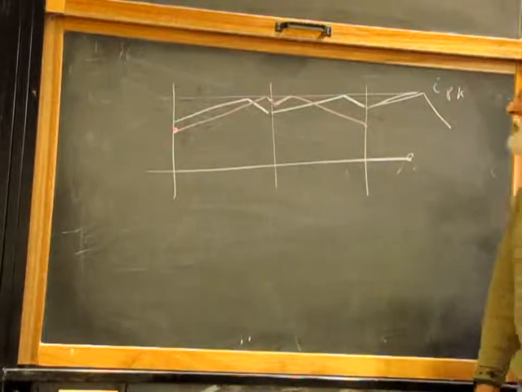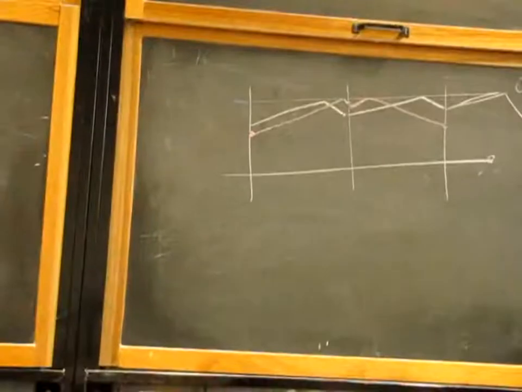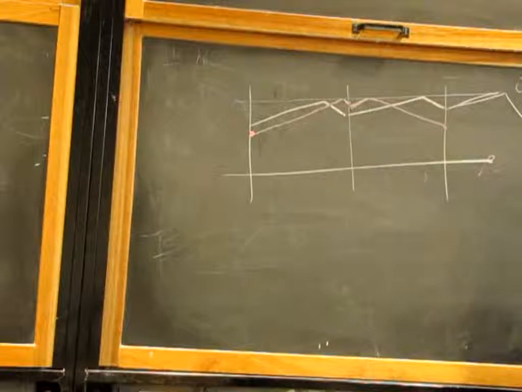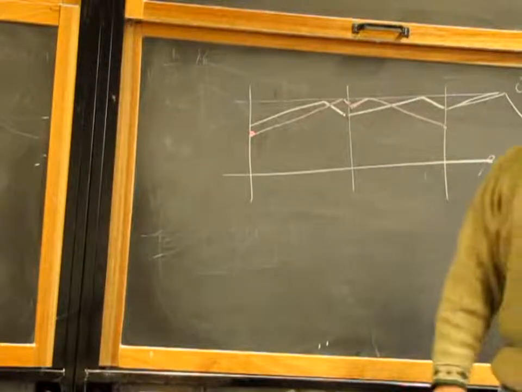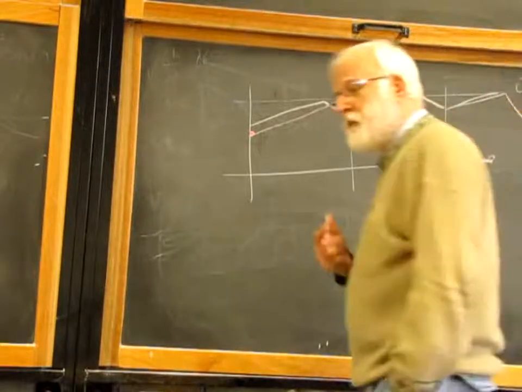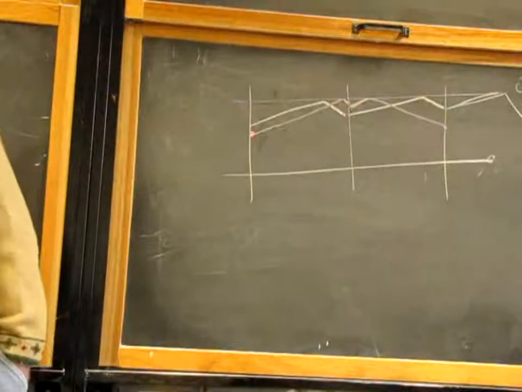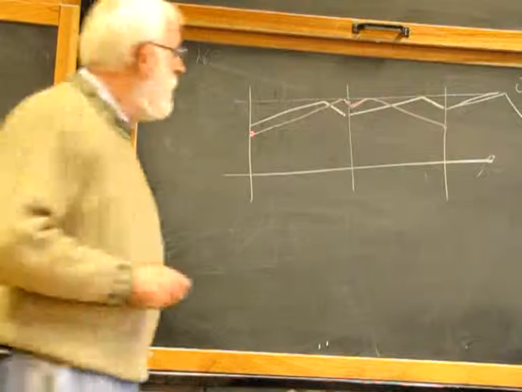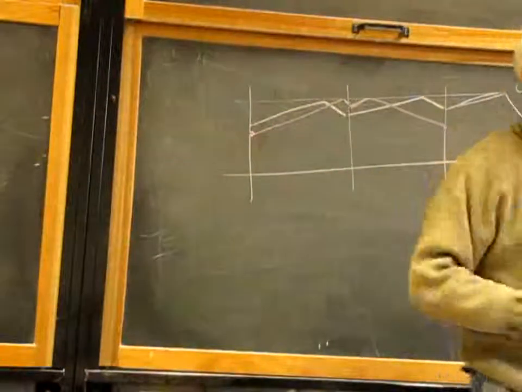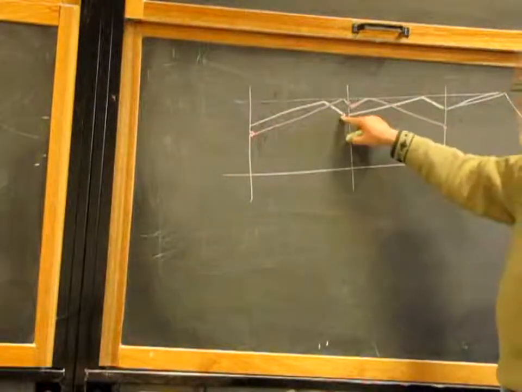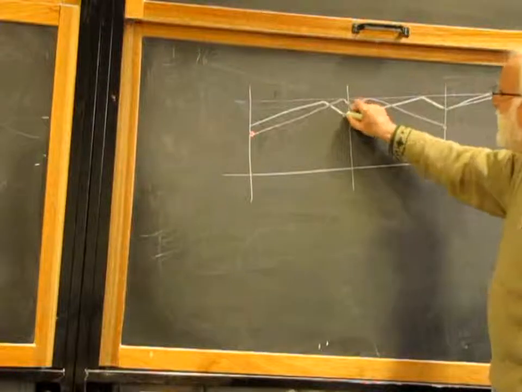Well, a way to correct this error is to introduce a compensation ramp. But the compensation ramp to cancel the subharmonic instability is different from the compensation ramp we saw last time. What's the idea? The idea is that at the end of this cycle, I want my current to be over here.